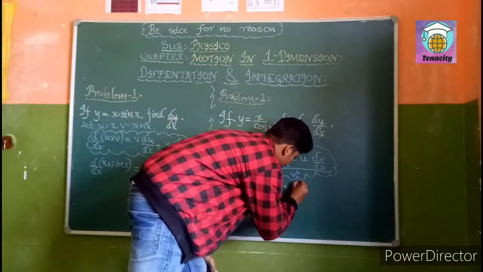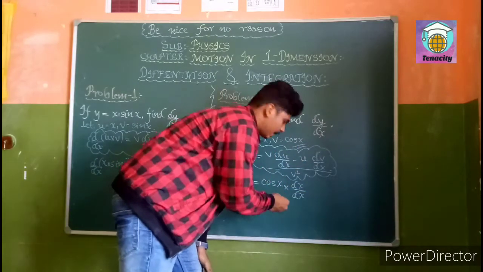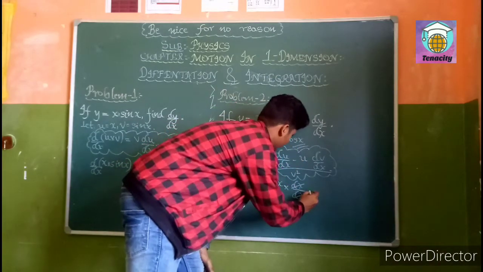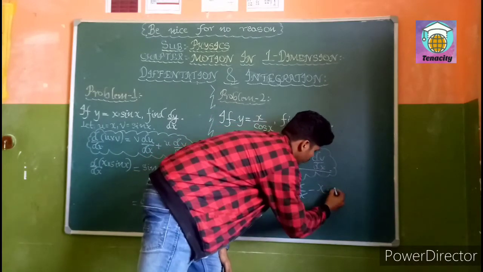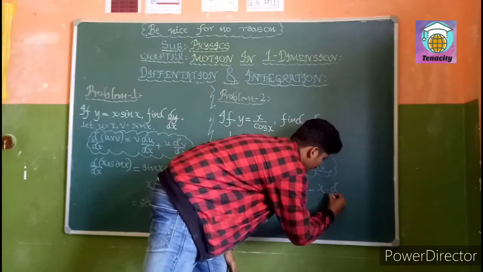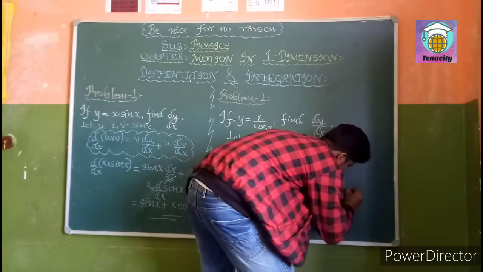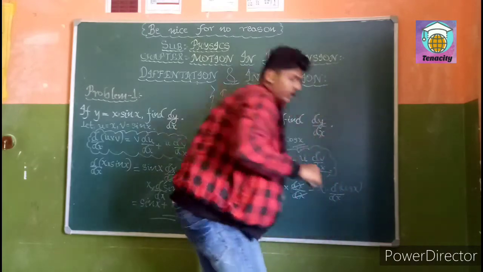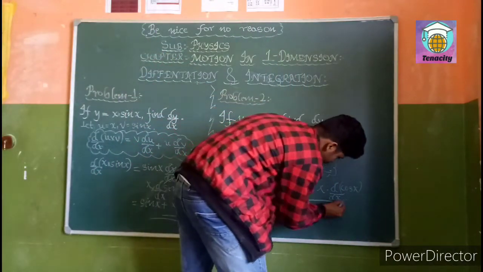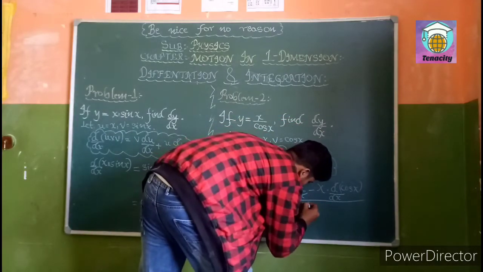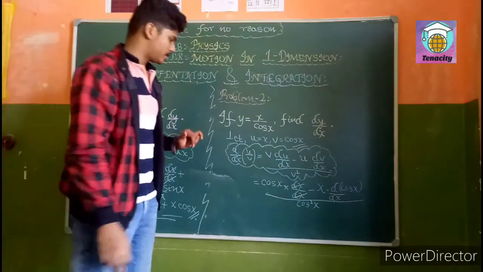Cos x into dx by dx eventually cancels, minus u is x, v is cos x, so d by dx of cos x, by cos square x. I hope you are clear with this.